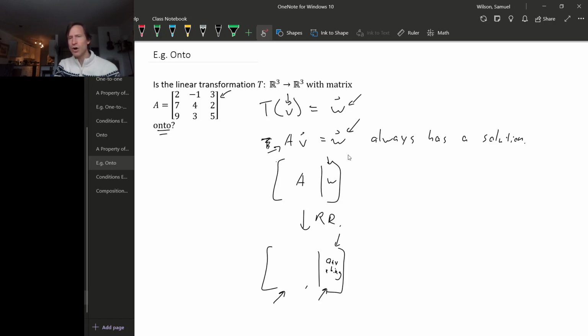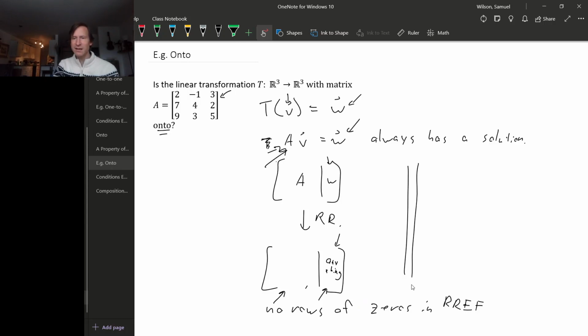So for this equation to always have a solution, that means there can't be any rows of zeros in our reduced row echelon form. Okay, so what we figured out is this equation always has a solution if and only if there are no rows of zeros in the reduced row echelon form.